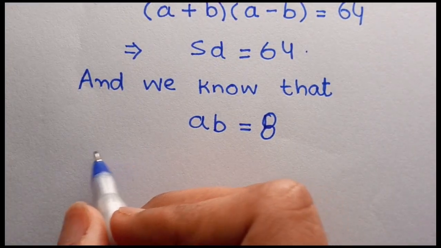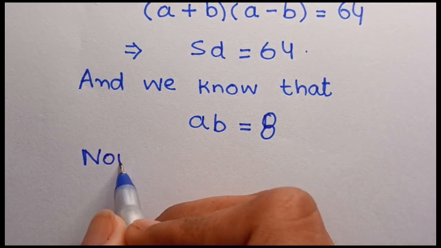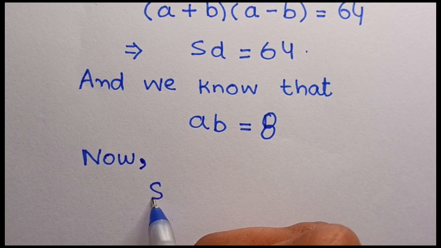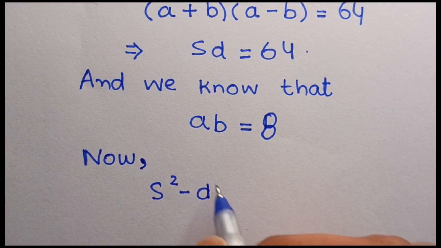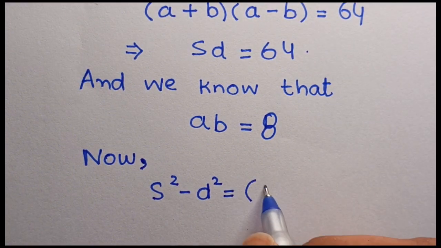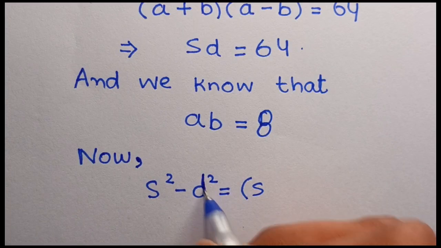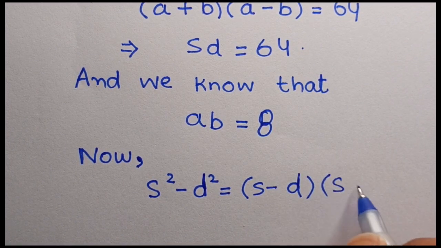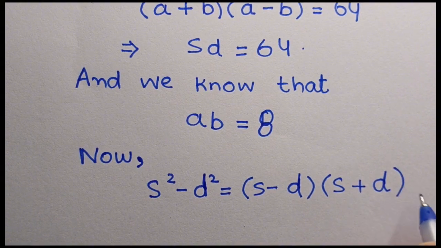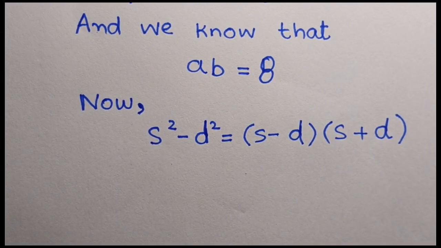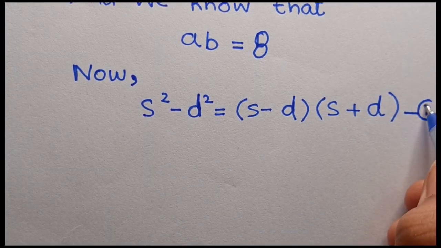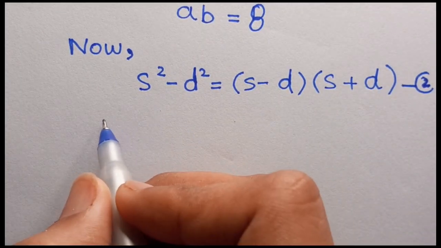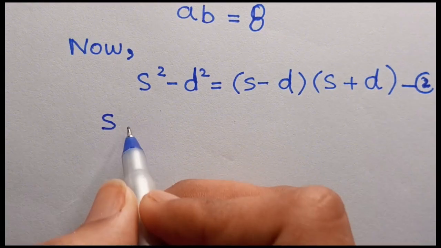Now s square minus d square is equal to s minus d into s plus d. The same formula is used: a square minus b square is equal to a minus b into a plus b. So s square minus d square is equal to s minus d into s plus d.